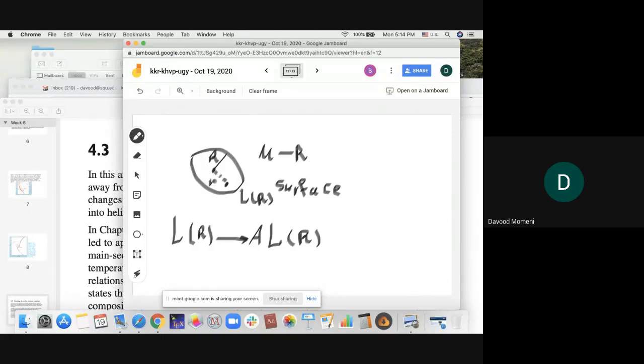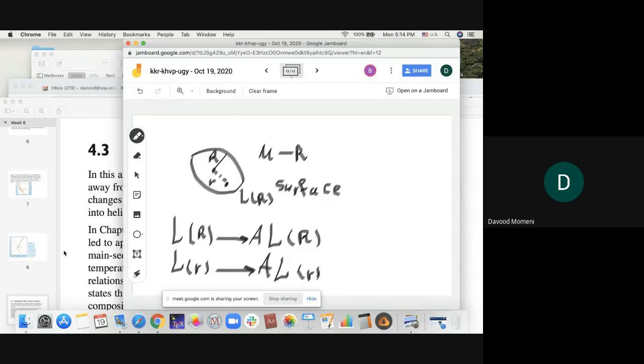I mean, not only the luminosity at the surface will change, but at any other distances. This is actually the homology principle. It says that if the boundary changes, then the luminosity will change at each point by the same factor.